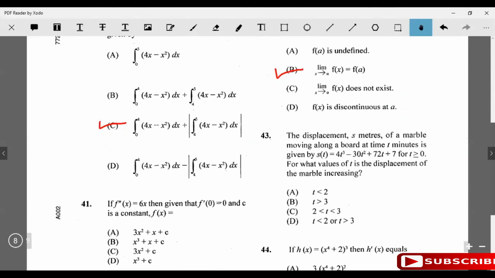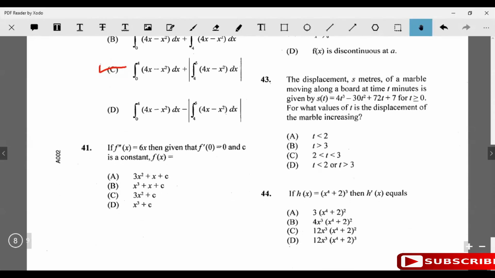Easy, soft. Question 43 gives us the displacement of a marble, and they ask us to find the values of t for which the displacement of the marble increases. Now, distance is increasing when you're moving. Think about it: in order for me to walk a distance of 100 meters, I need to be traveling at a velocity greater than 0.